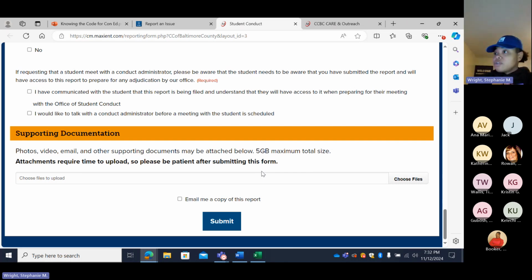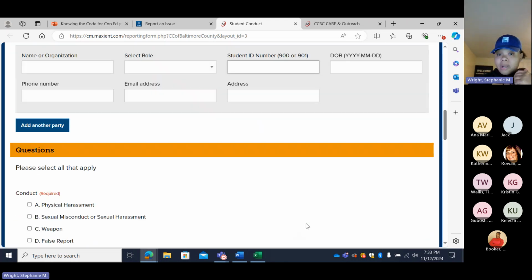That gives us all the information that we need to review. And if for some reason you forgot to upload things, again, we're going to reach out and we'll be requesting that information. But the more you can give us on the front end, the easier it is for us to adjudicate the case. And then of course here you can always click that to have the copy of the report submitted to you, hit submit, and you'll see a confirmation that you have submitted your report.